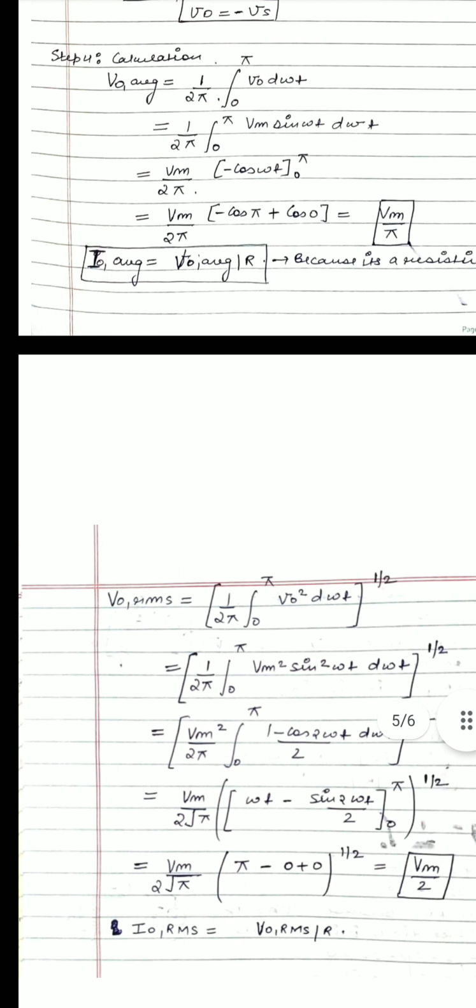Similarly, we have to calculate the RMS value of the output voltage. How do we calculate it? RMS means root mean square: first take the square of V naught, then take its mean, and then take its root.